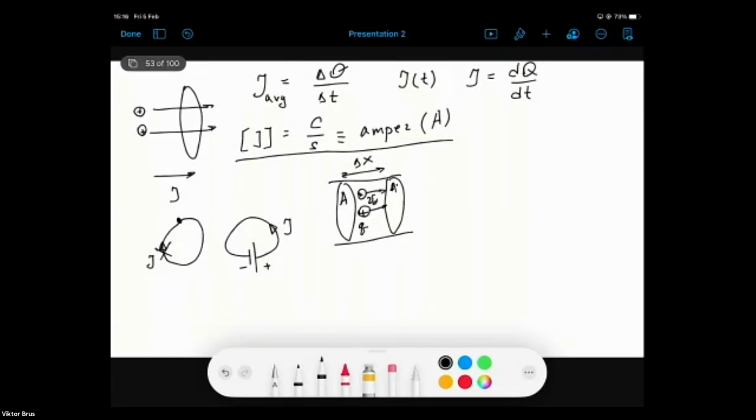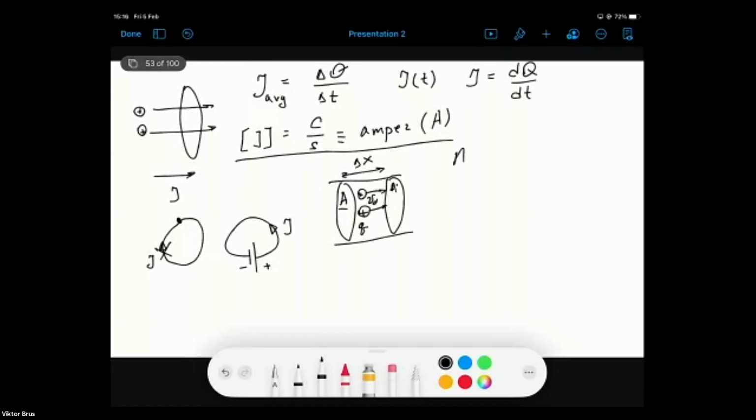So in this case, how do we define the electric current? First we need to define how much charge is located in this volume element, which is A times delta x. For this, we need to know the concentration of charge carriers.